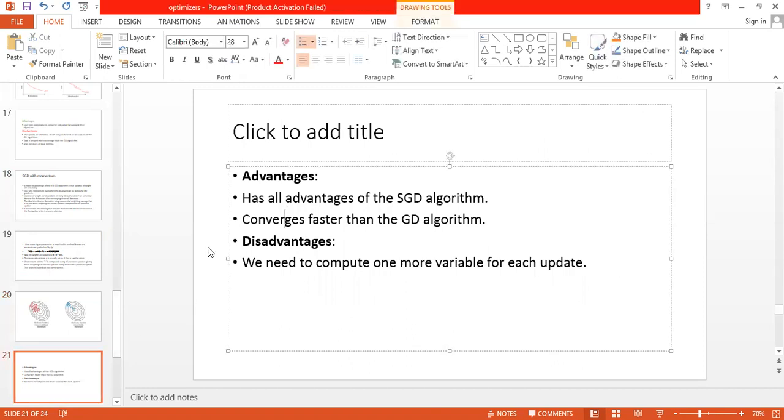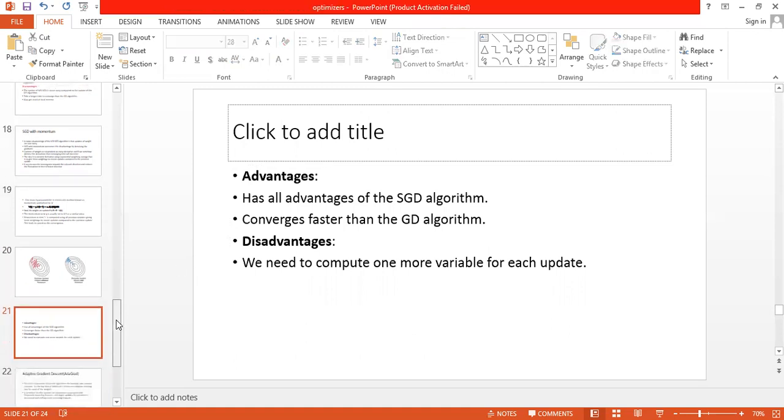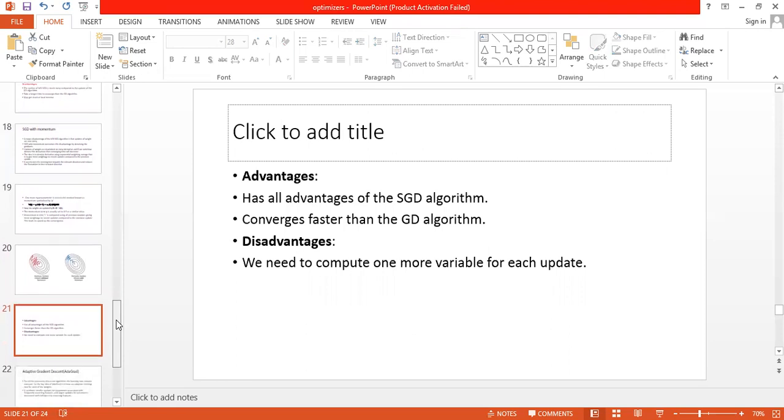It takes less time and converges faster compared to the GD algorithms. And we are taking one more variable here, momentum, to go faster, so the calculation is a little bit more complex.